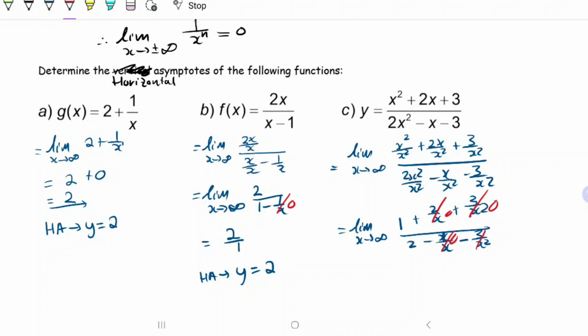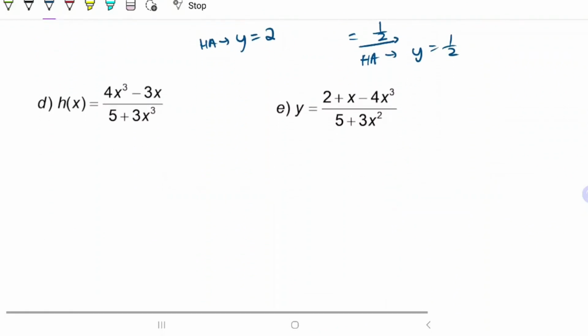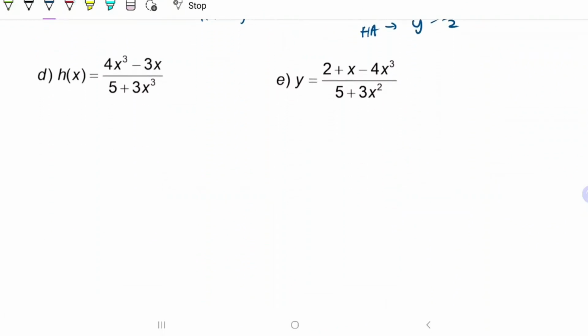Hence we are left with 1 over 2, and therefore the equation of our horizontal asymptote will be y equals 1 over 2. I'm hoping this is starting to make sense. When you apply this to functions, you will see how it applies quite nicely.